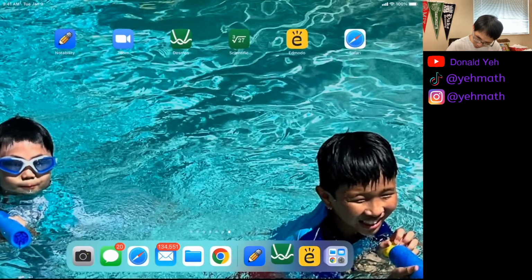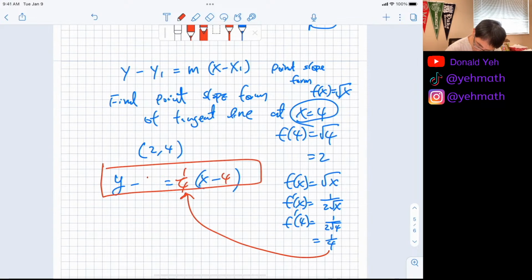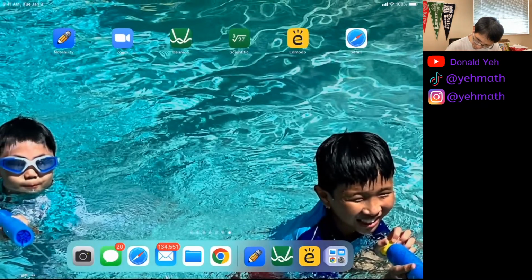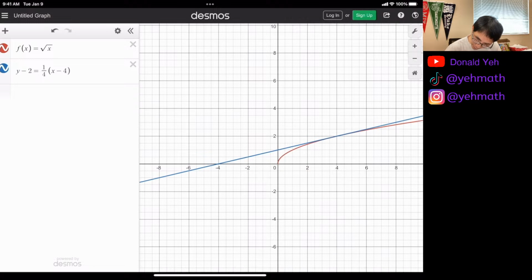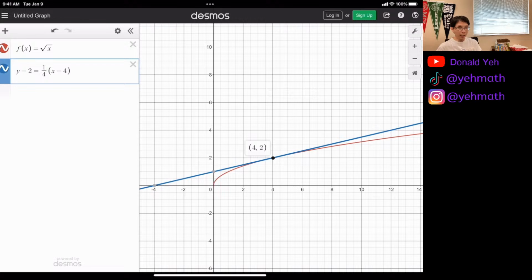No, it's what? Oh yeah, my bad. This one is switched. Get confused? 4, 2. But if you look at the 4, 2 right here, this is the equation of the tangent line. See that the tangent line only intersects at that particular point once, and that's the equation of the tangent line.